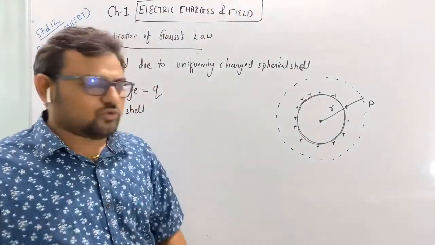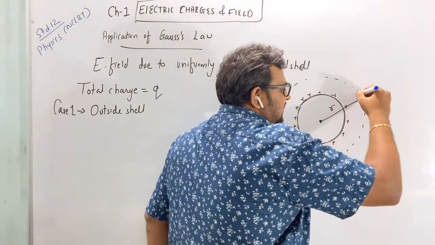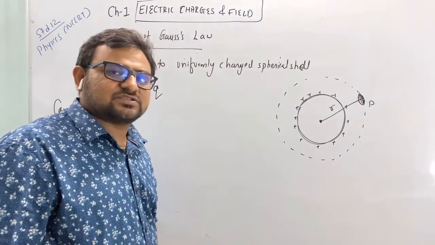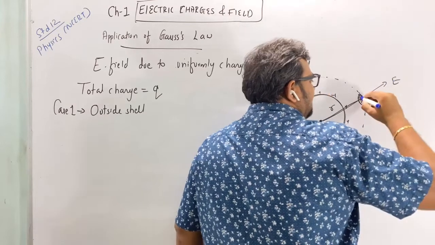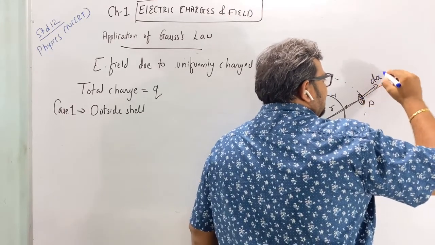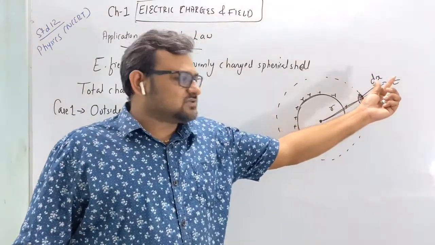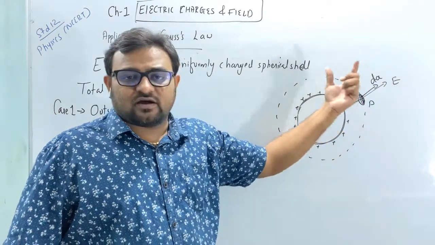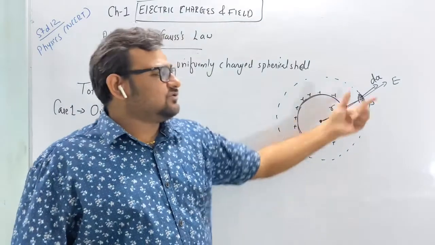So for that, first we will select a small area. The direction of electric field will be in this way, and the small area dA will be in this way. Okay, you can either take dA, that is small amount of area, or ds. Sometimes in some textbooks they are using ds, and in some they are using dA.